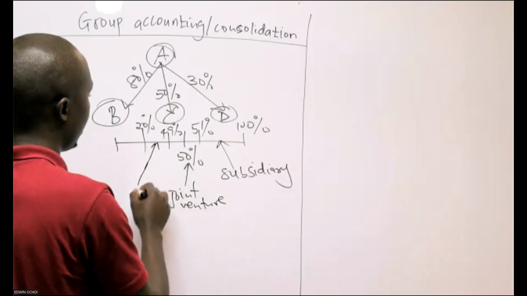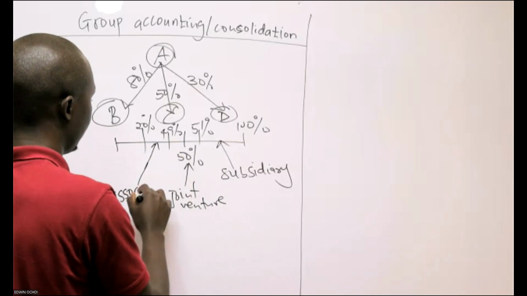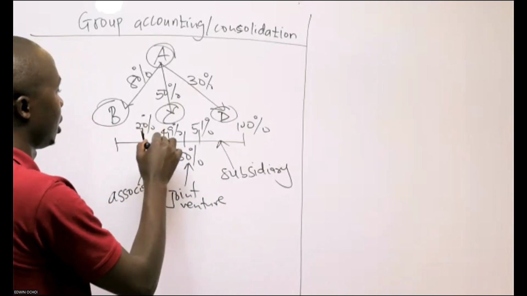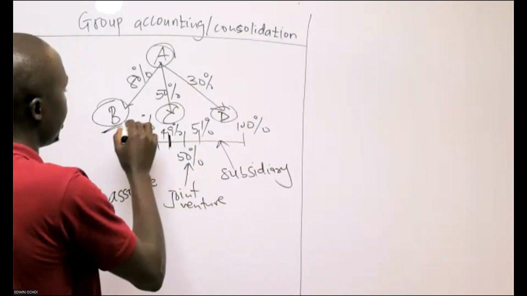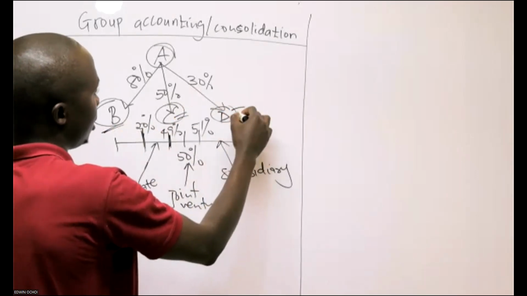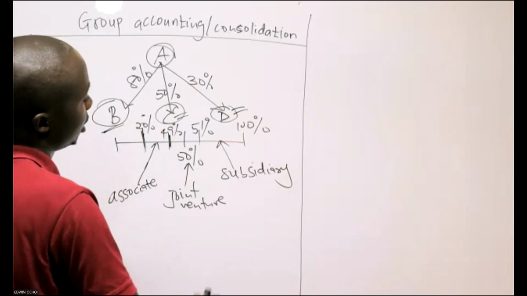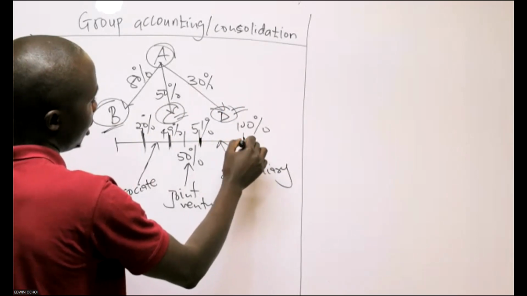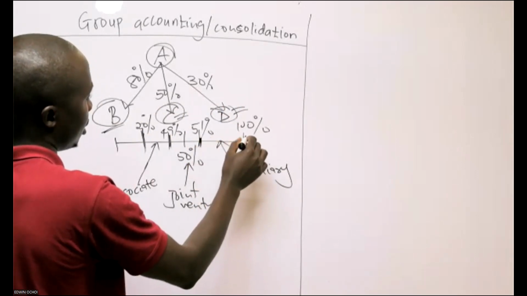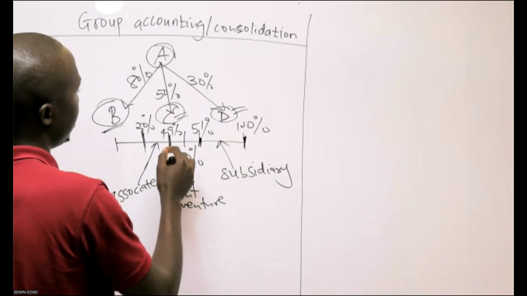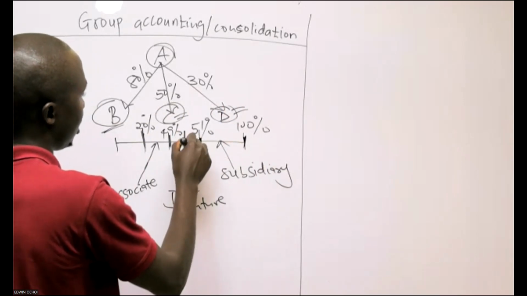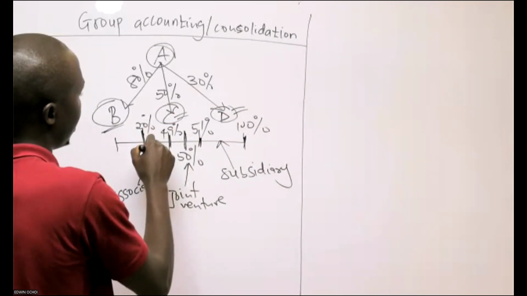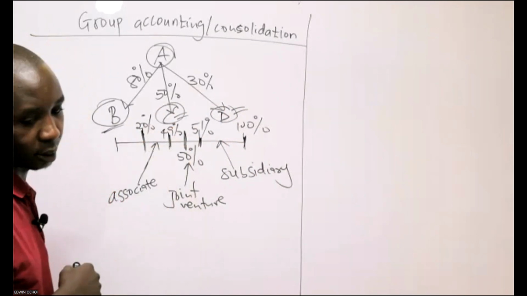And here we have what we call an associate, that is 20 to 49%. So B is a subsidiary, C is a joint venture, D is an associate. B is acquired within this bracket, C exactly at 50%, and D between 20 to 49%.